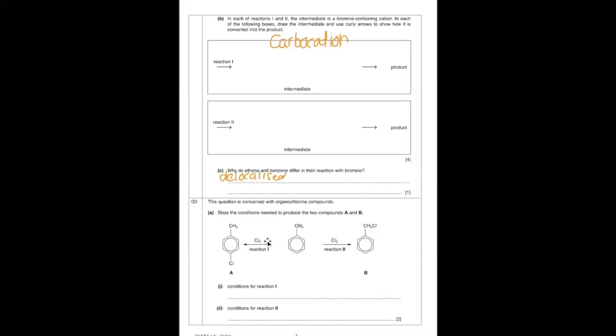A delocalized ring of electrons is stable. For 1 mark you can say that, or you can say the pi electrons in ethene are localized.